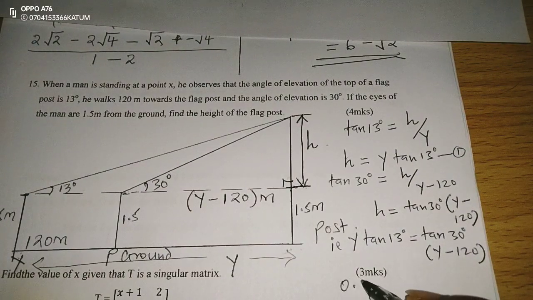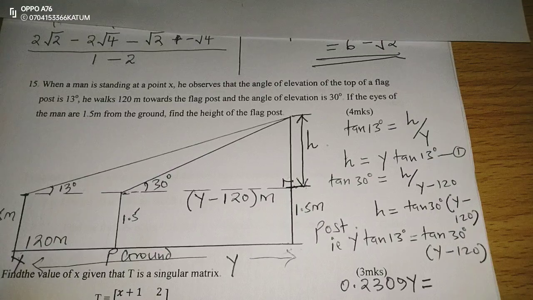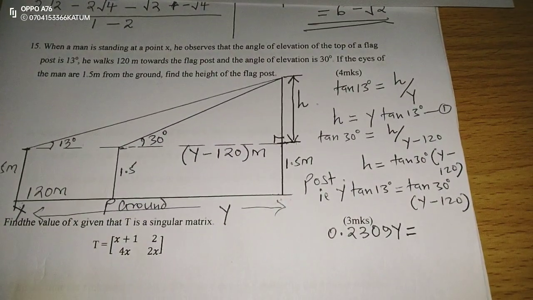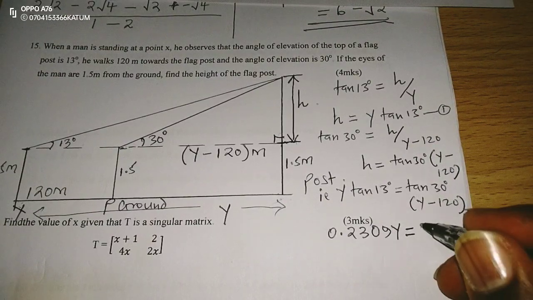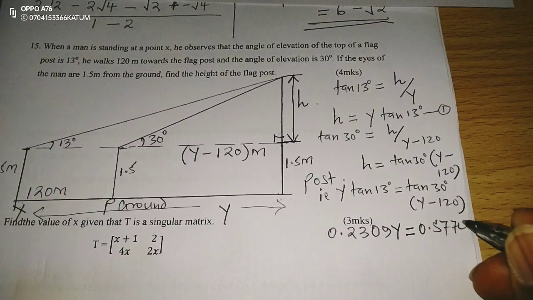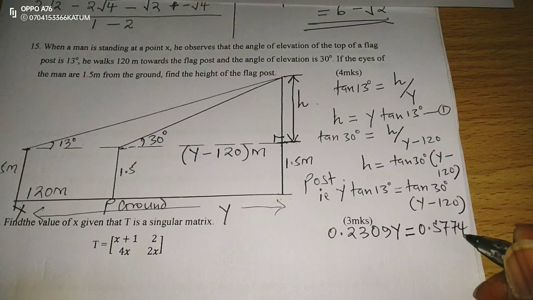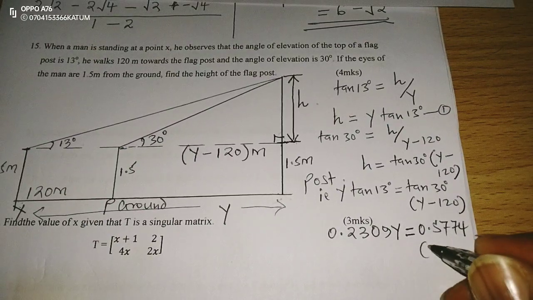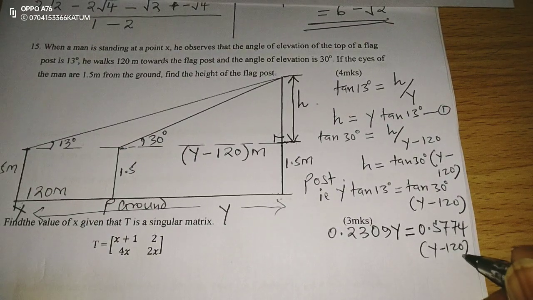So 0.2309 y equals the tangent of 30, which is 0.5774, times the value of y minus 120.